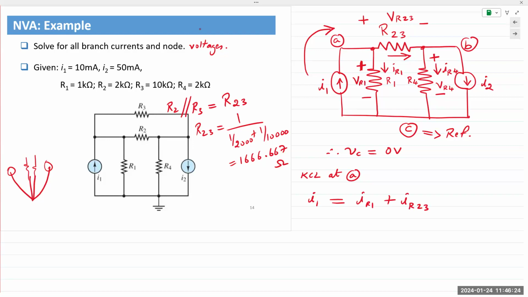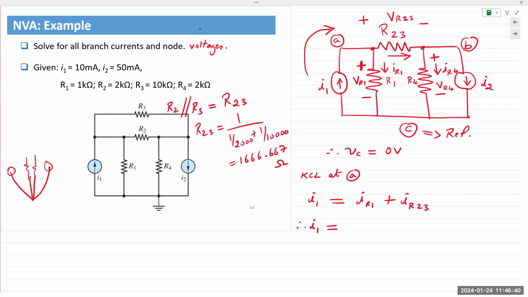So KCL at node A gives me I1 equals IR1 plus IR23. I1, of course, is fixed. I can't do anything about that because the value is given to me.